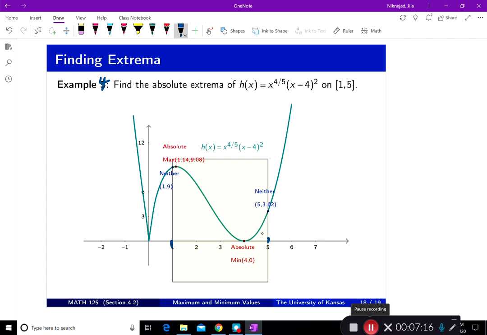If you look at this, there is a little red point up there that you wouldn't have caught if it wasn't for the calculus. The difference between that red point and the point next to it is so small, but that gives you the absolute maximum, and the absolute minimum is achieved right down here at 4, 0. And these 2 points are neither absolute max nor absolute min.